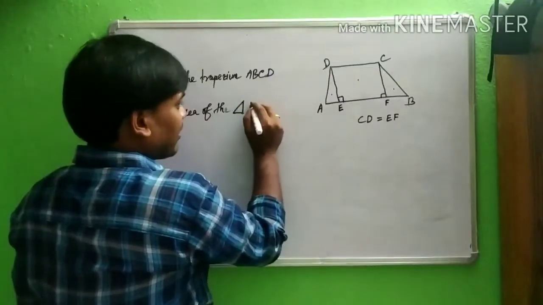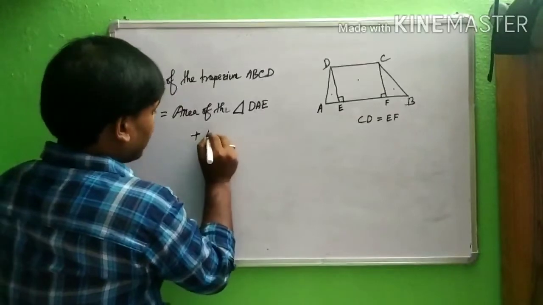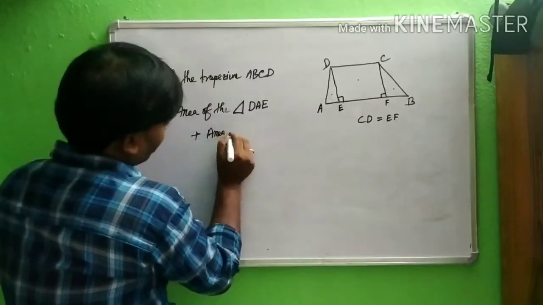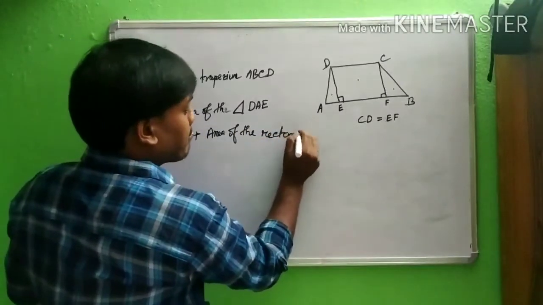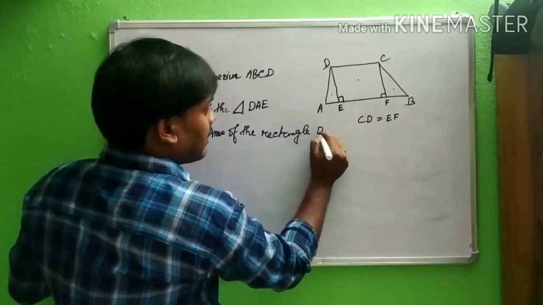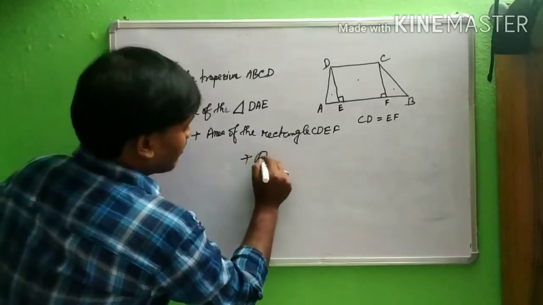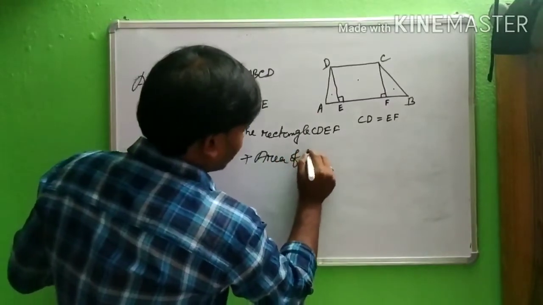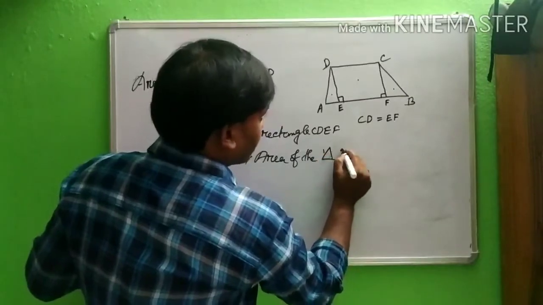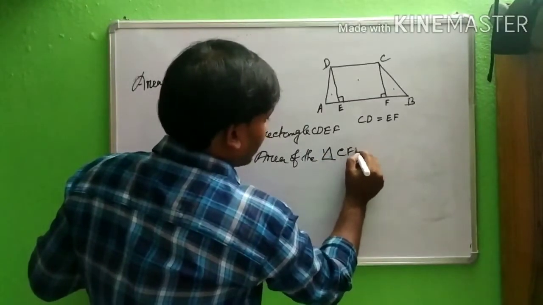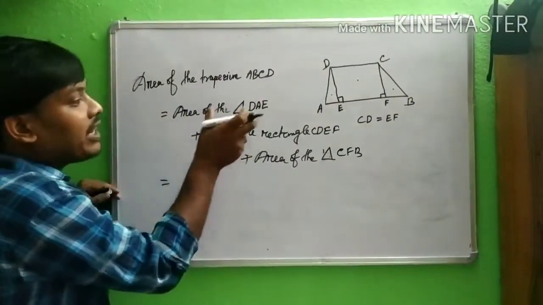Area of the triangle DAE plus area of the rectangle DEFC plus area of the triangle CFB.